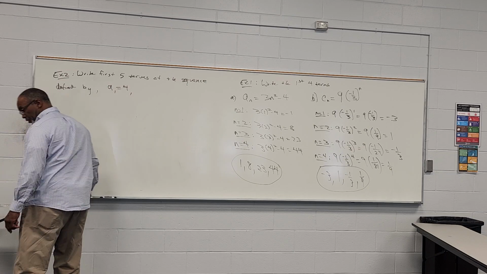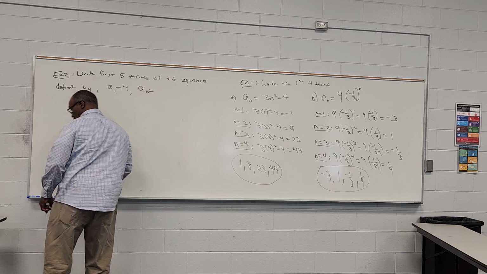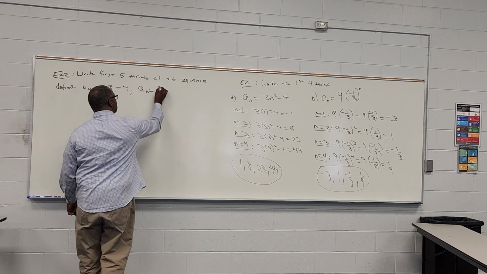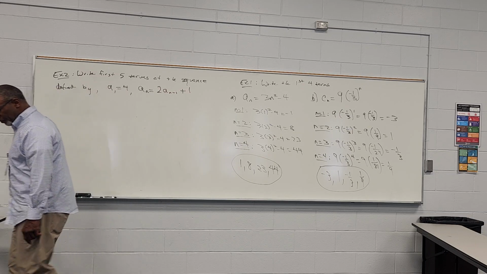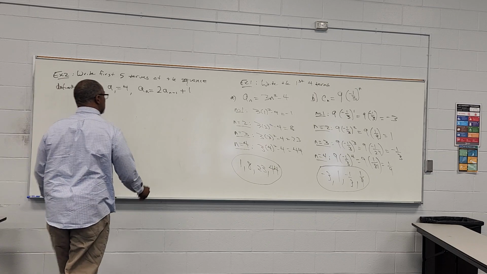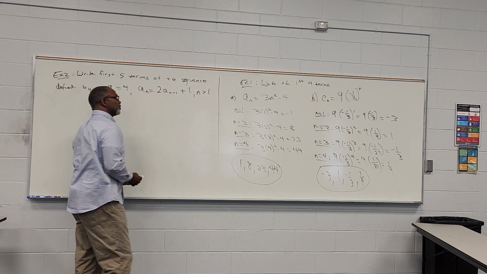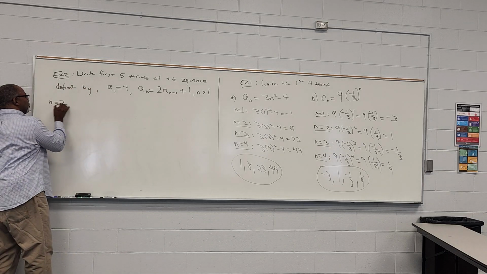So they give me the first term. And they say A sub n equals 2 times A sub n minus 1 plus 1. And that definition is only for n greater than 1. This definition is for n greater than 1, okay? So, when n is 2.